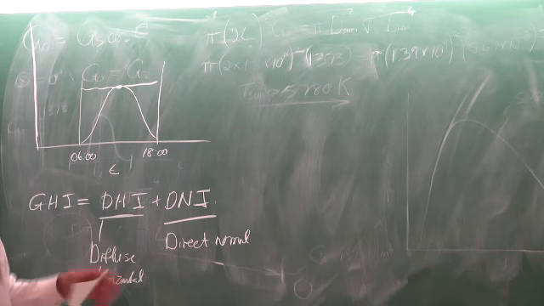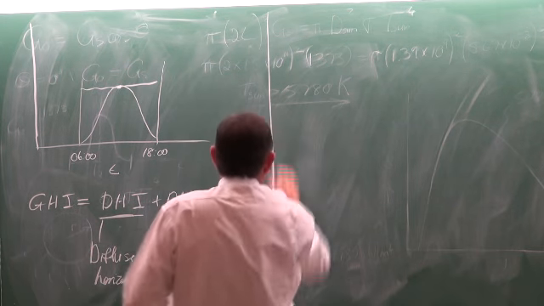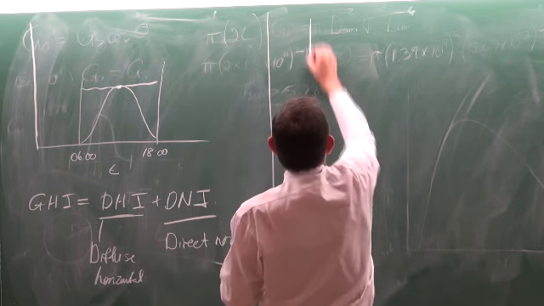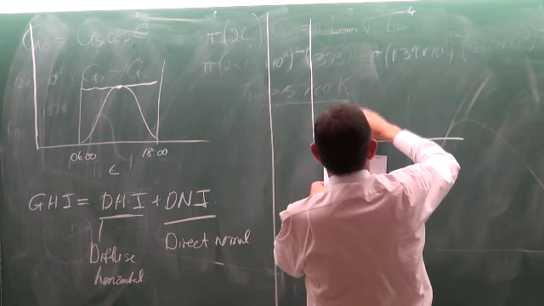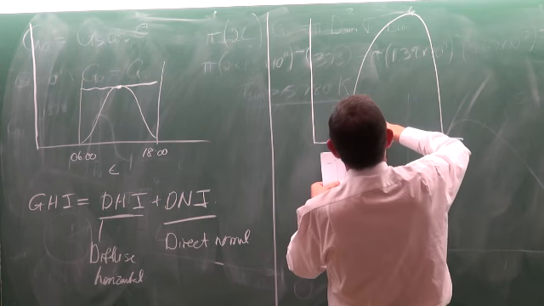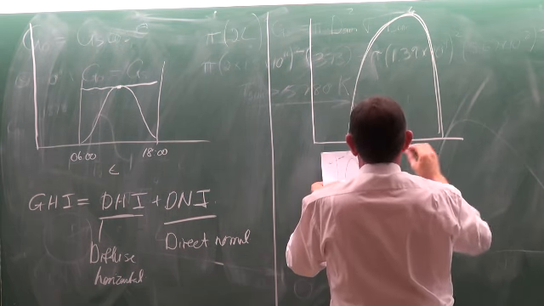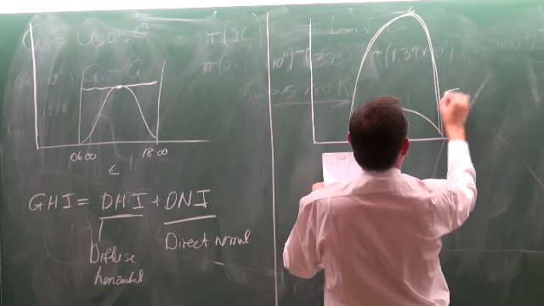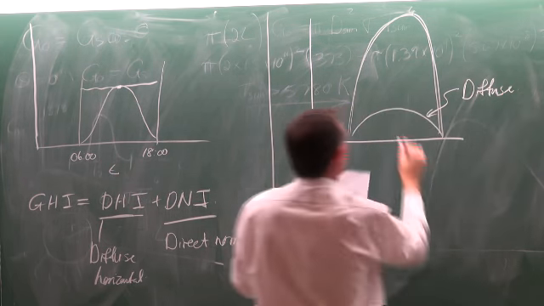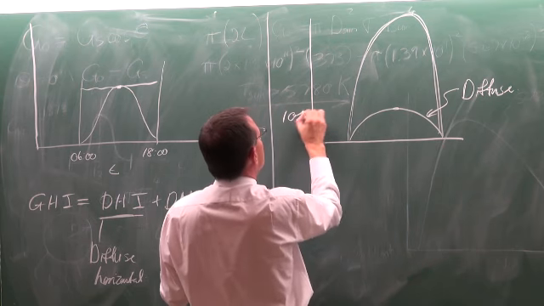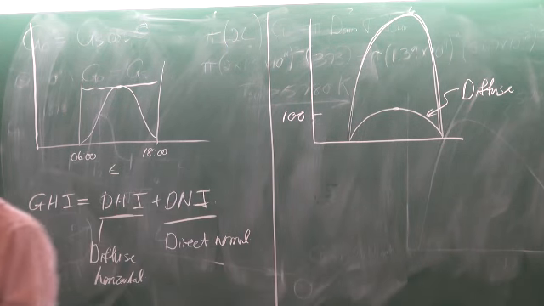Okay, so if we look at what happens now on the roof of Engineering 1, then you will see the two lines up there very close to each other. And here we will see the diffuse radiation. And you will see it is approximately 100 watts per square meters.